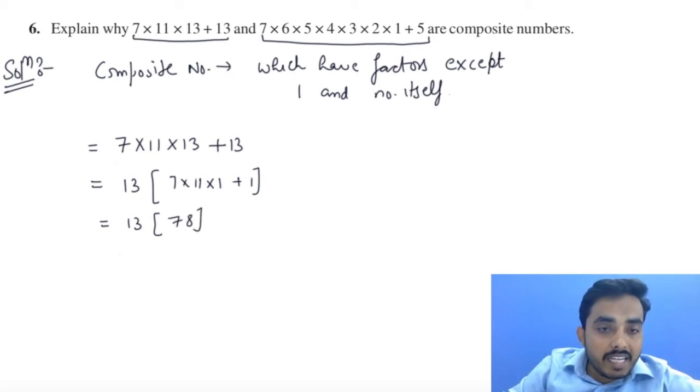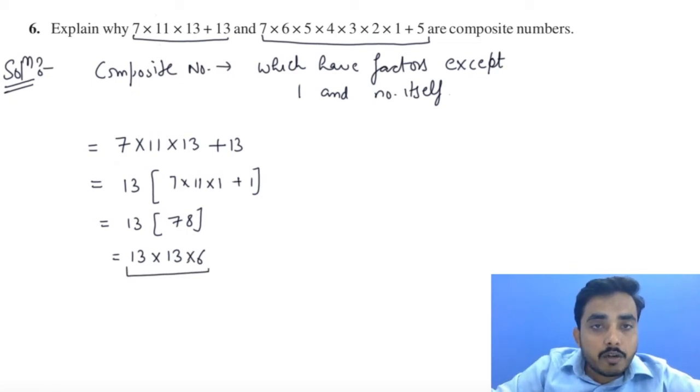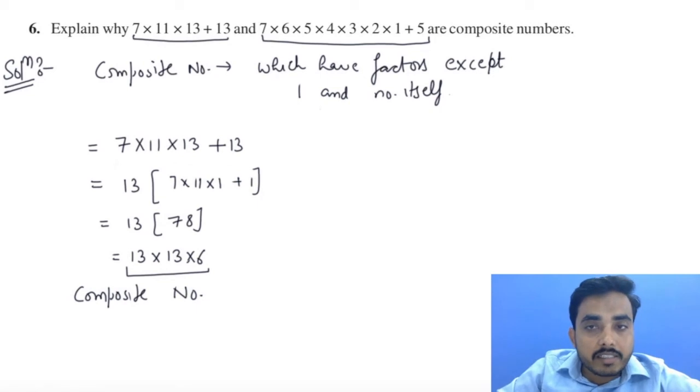Now I can rewrite this 78 as 13 into 13 into 6. So now the factors of this number have changed from 7, 11, 13 to 13, 13, 6. Hence this is called a composite number. We can call this a composite number because it has more factors other than 1 and the number itself.